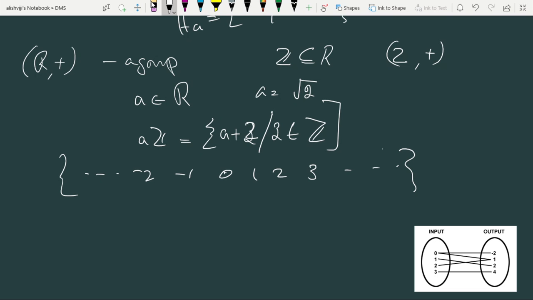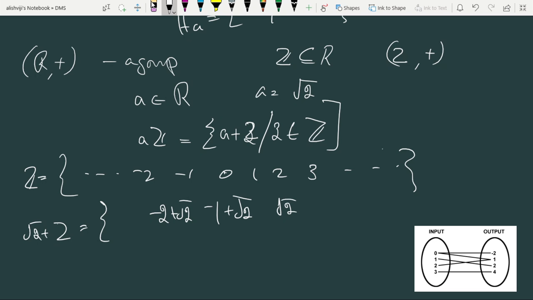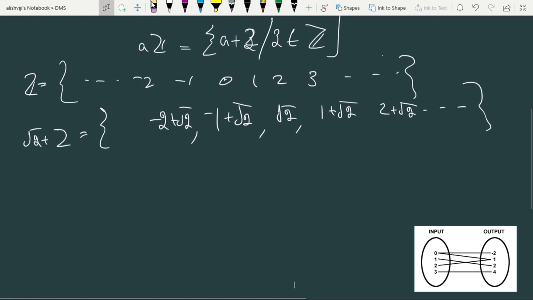And the left coset root 2 plus Z is nothing but minus 2 plus root 2, minus 1 plus root 2, 0 plus root 2, 1 plus root 2, 2 plus root 2, etc. This will be the left coset, and in a similar way we can define the right coset also.